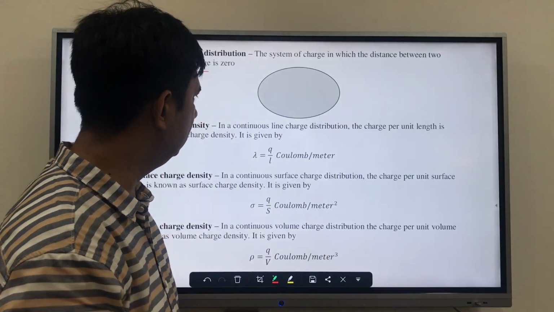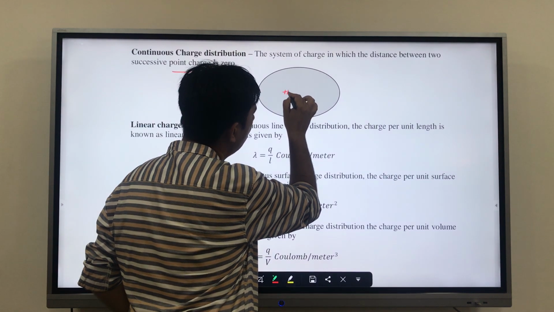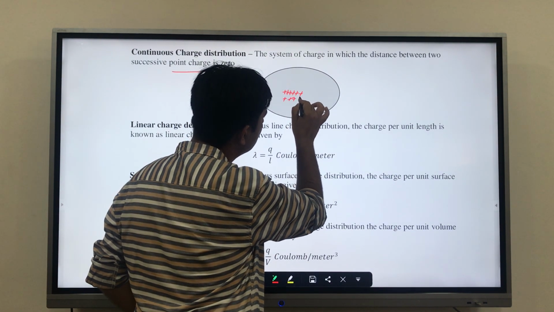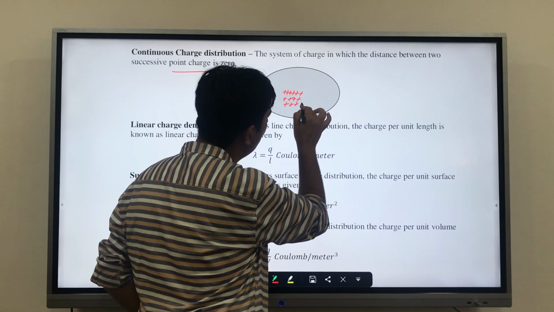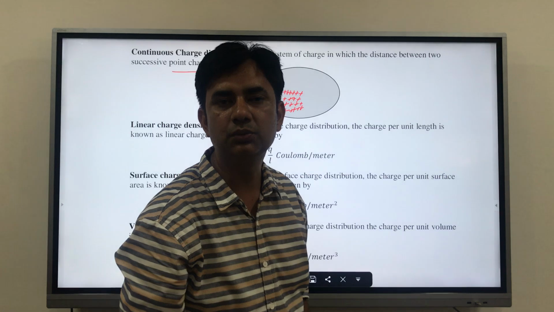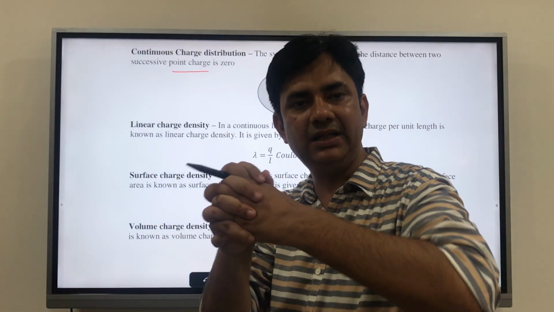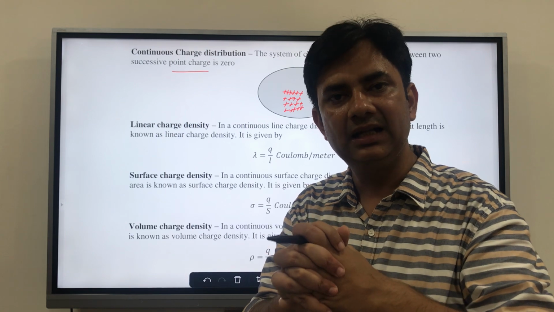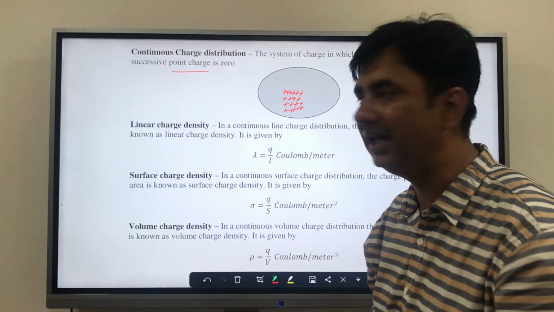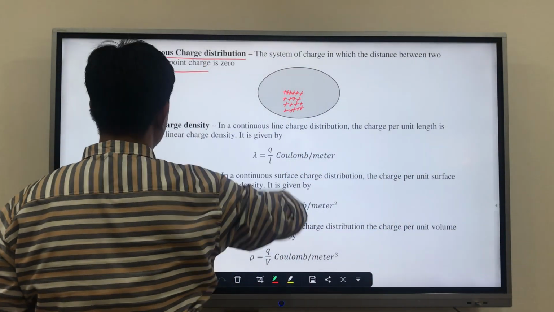Here, all the charges are so closely packed that there is no certain distance between them. We can't find any distance between these two. The charge is so compactly connected that there is no distance between them, and so we can say this is my continuous charge distribution.